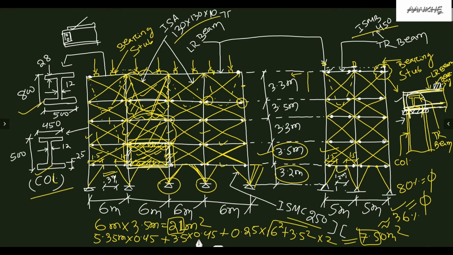So we will be considering one case for this structure as 36% phi, and we will calculate the wind load, and also we will consider the structure as a completely closed structure up to this point, and we will calculate the structural load. So there we will be experiencing two loads here, one from here and one from here.